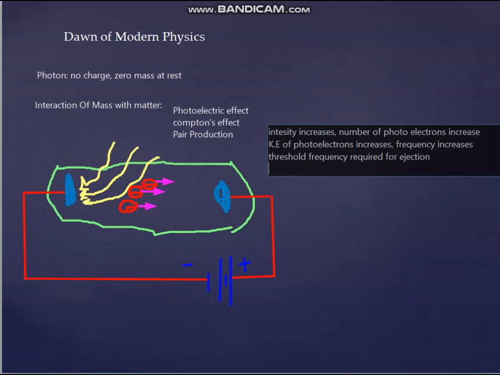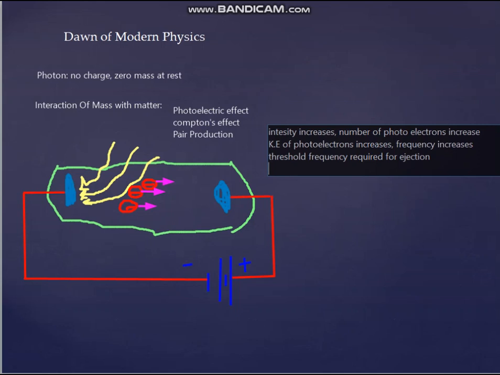It's the maximum wavelength required for the ejection of photoelectrons. So if the wavelength is more than the threshold wavelength, the photoelectric effect will not occur.